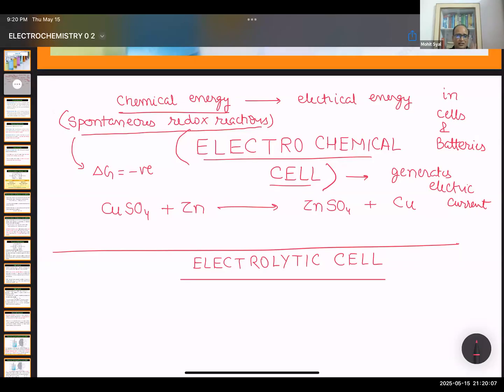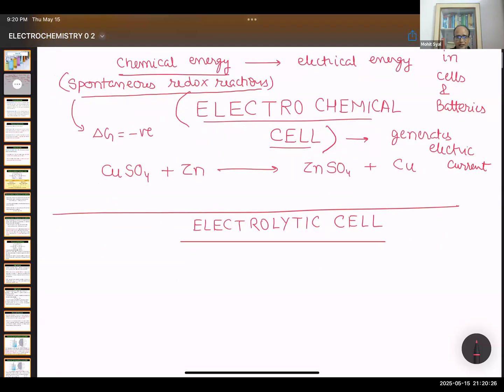Lysis means to break something. You are breaking some chemical substance by passing electric current. Breaking means you are reacting it and changing it to some other compound. So the electrolytic cell consumes electric current.